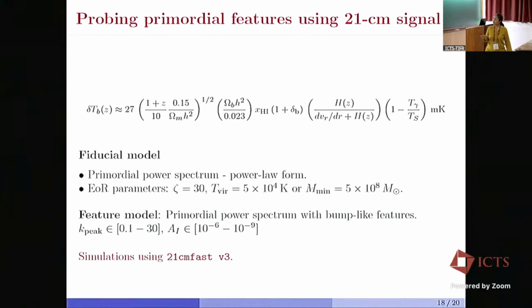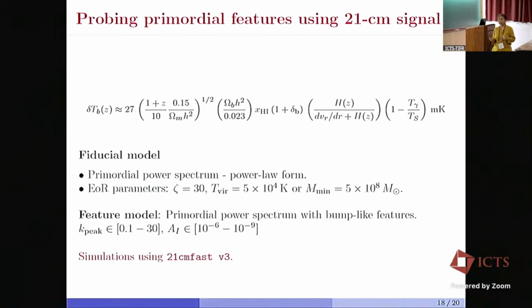In short, the gist of what Suveda will talk about is that we simulated different models using 21 centimeter fast simulations, and for today's discussion, let us fix the EOR parameters. We have a fiducial model, which has the power law form, and the feature model has these different parameter values.